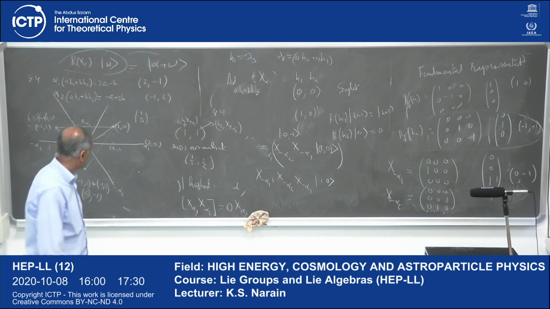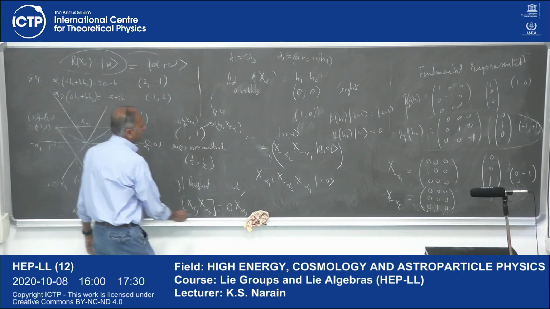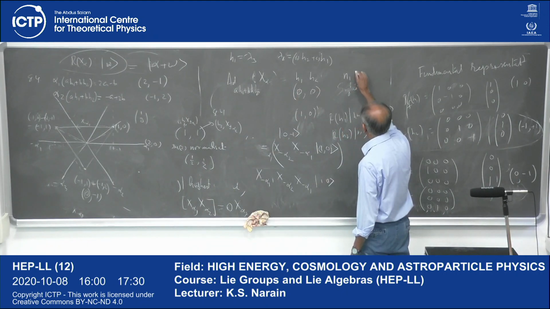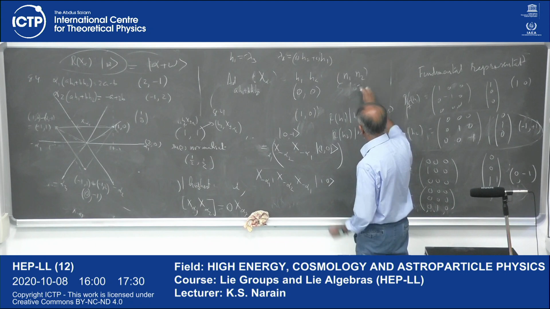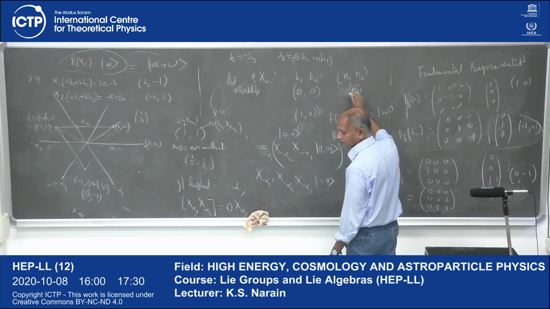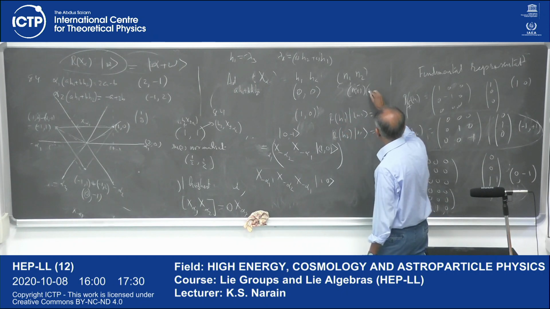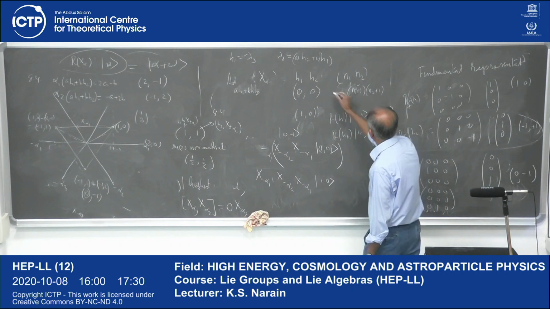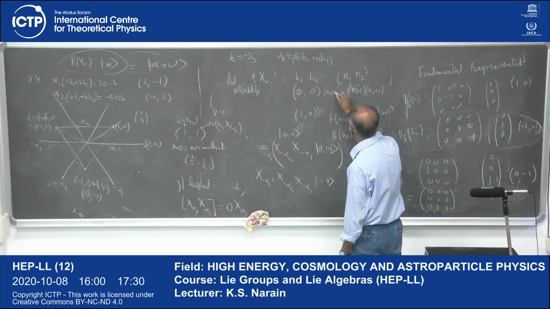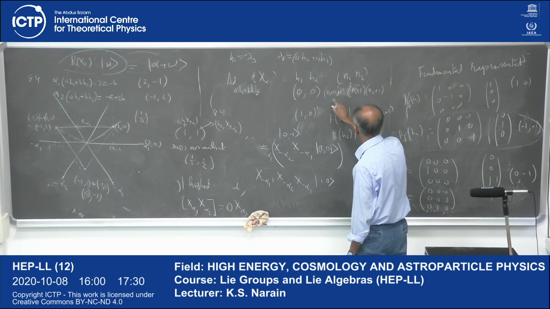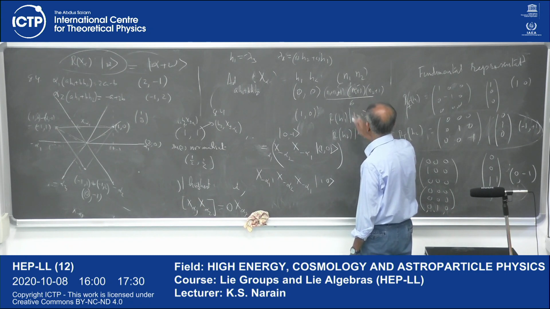I don't remember the formula, but I think it is n1 plus 1, n2 plus 1, and n1 plus n2 plus 2, divided by 2.